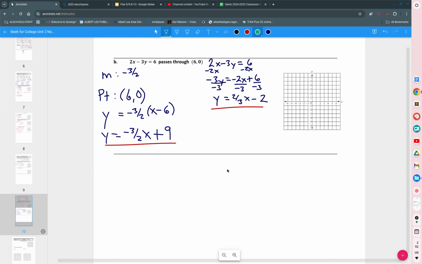If you just graphed it, you would plot negative 2, and then go up 2 over 3, up 2 over 3, so on and so forth, and you would draw that line. When we draw the next line, it should look perpendicular. So I'll try it. I will plot positive 9. Let's say it's 6, 7, 8, 9 will go right about there. And the slope is negative 3/2.